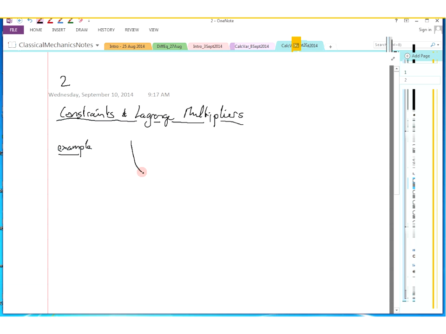So let's say you have some weird shaped bowl, and we have a marble. You're interested in finding the minimum of where this marble can be, so the minimum potential energy, given, for example, some kinetic energy that's not enough to go over the bump. Then you have a constraint here, because the minimum of this function, the bowl, is down here.